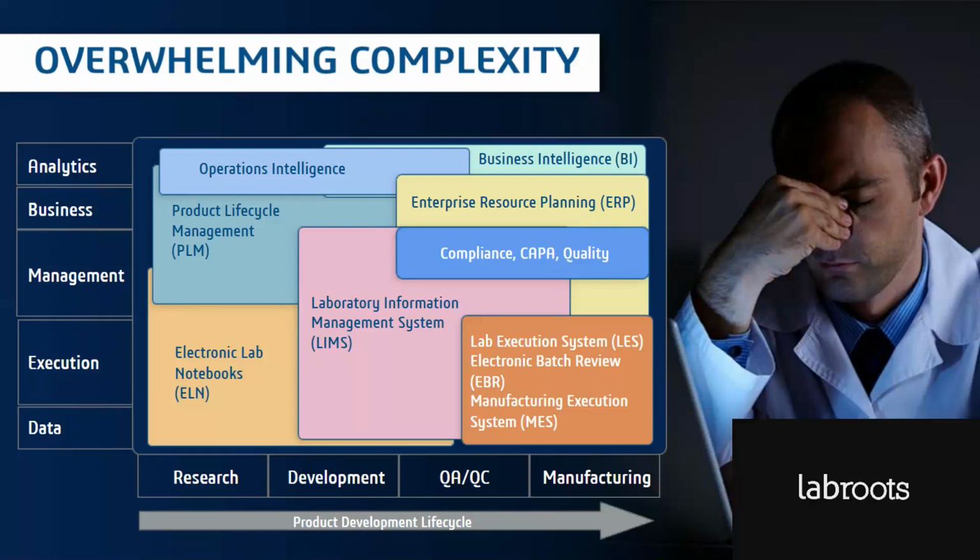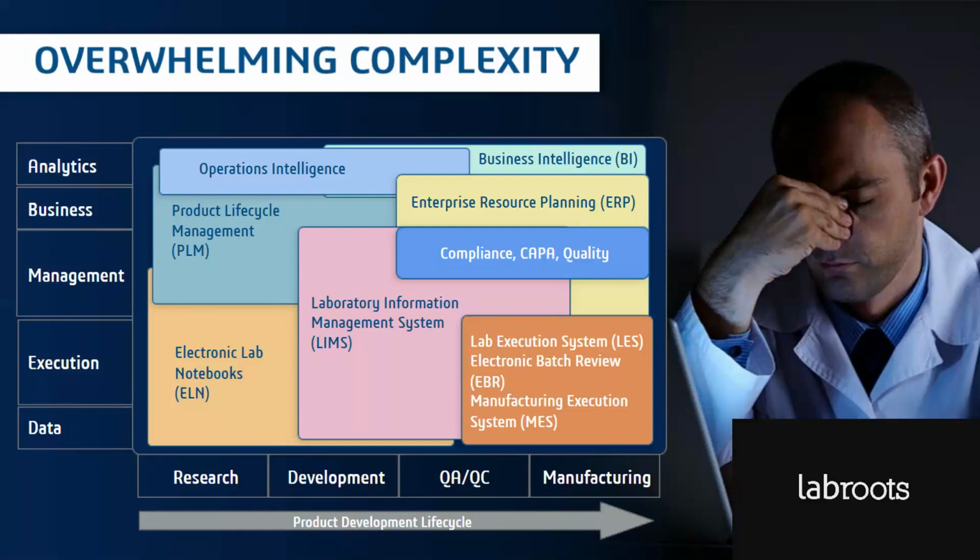So here on the bottom horizontal axis, we have the same product development life cycle going from research through development, QA, QC, and manufacturing. And on the left, on the y-axis, we talk about the different areas of responsibility that these solutions have. You've got your ELNs that are really concerned with data and execution, with a little bit of management oversight as well.